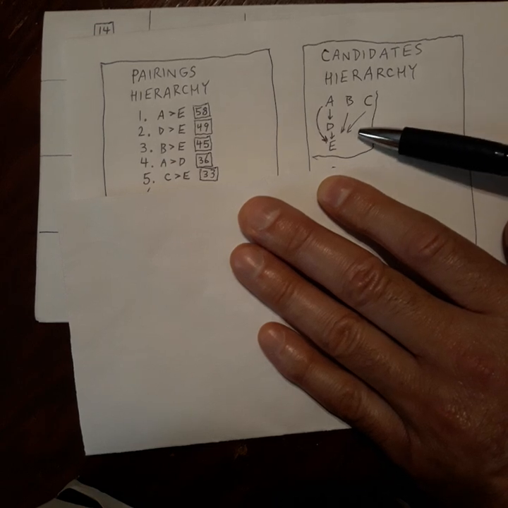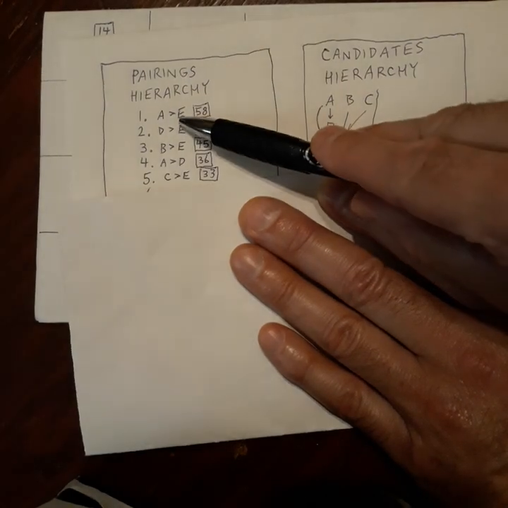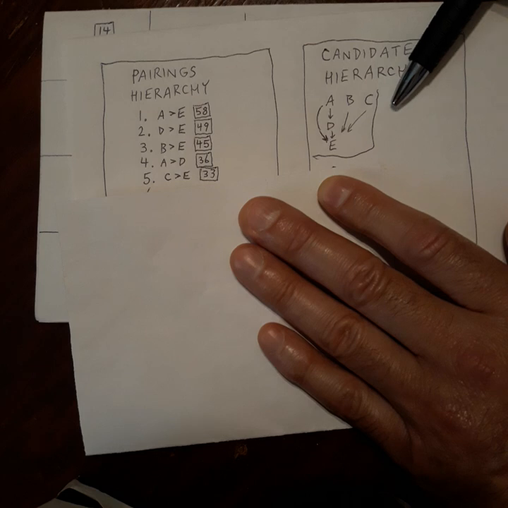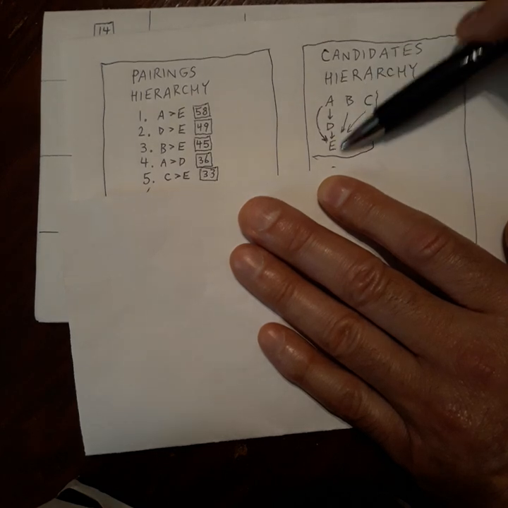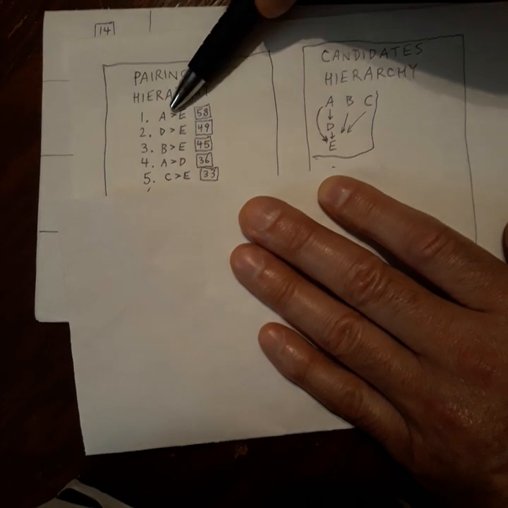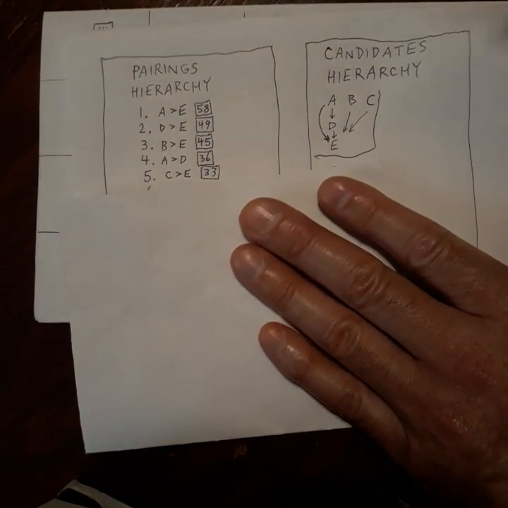And if you get confused by these arrows, this is a notation they use in this kind of a method, where the arrow means the same thing as a greater than symbol, where A has more voters than E, so C has more voters than E, B has more voters than E, etc. It's the same. If you think of these as an arrow, then they're drawn as an arrow over here. They point the same direction.